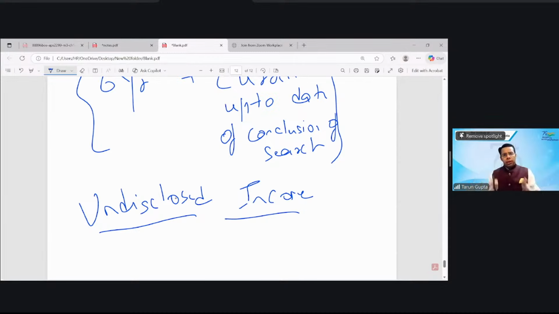It's the period of 6 years immediately preceding the previous year in which the search has happened, plus the period starting from 1st April to the date of conclusion of search in case of the current year. I told you in exams you are not required to write the language of the act, but whatever you write should give the same meaning as the provision.